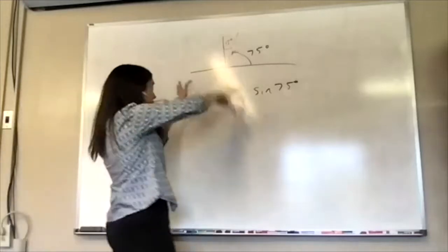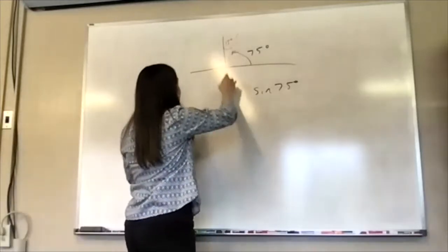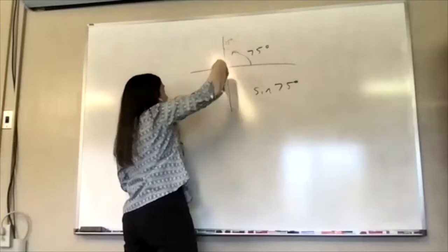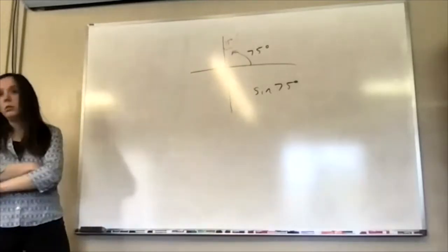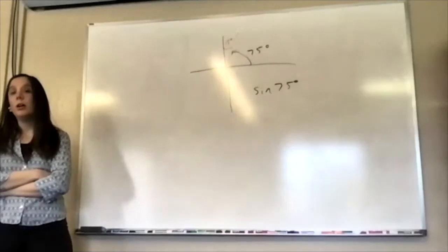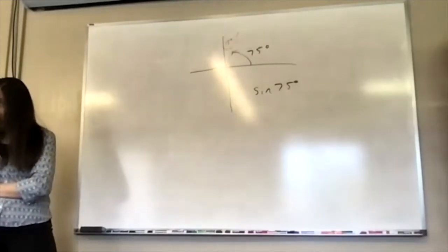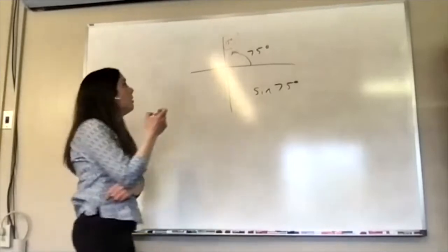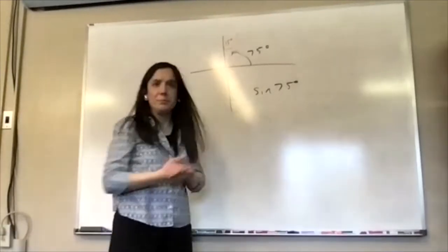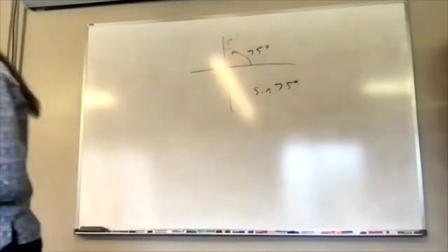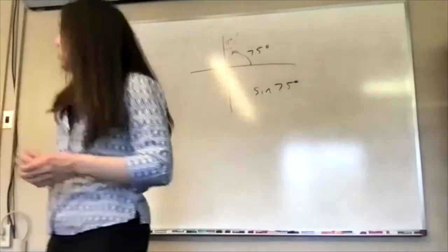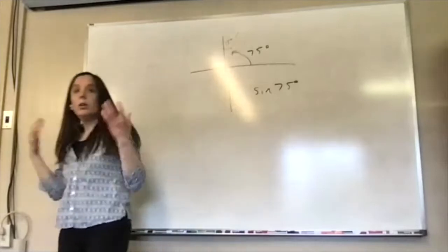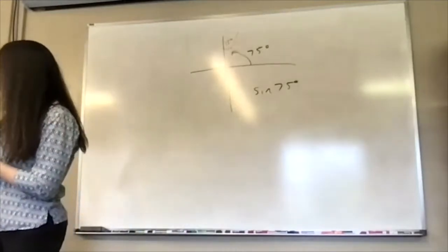Or you could turn it on its head and have the horizontal line be straight up and down. You can use cosine of 15 degrees. That could also work. Why would you use sine? Well, because it's a vertical movement, right? So we're dealing with the angle. You could use sine if you have a vertical.